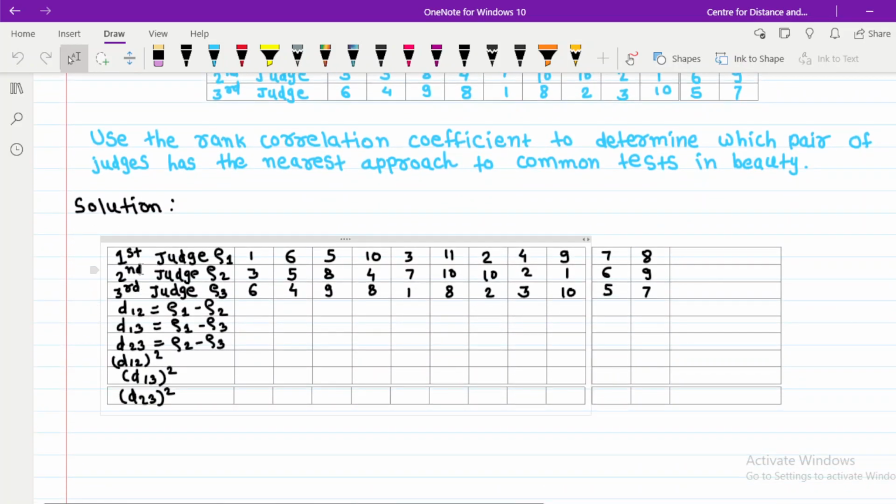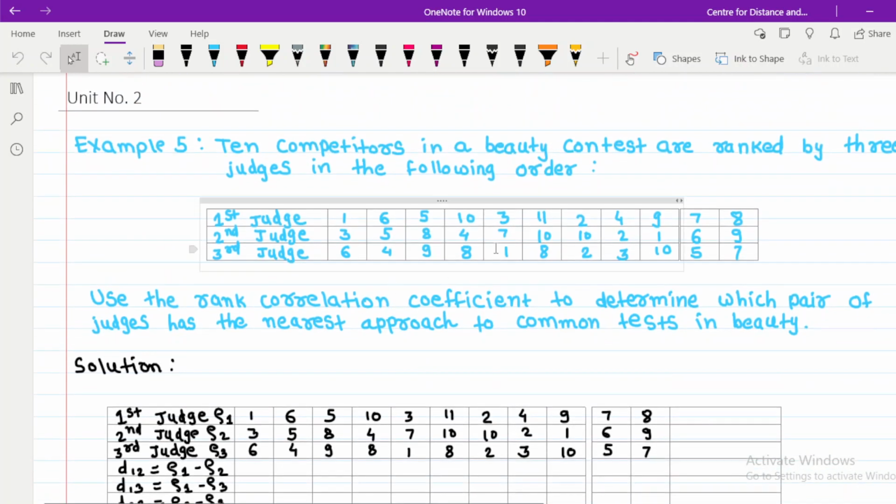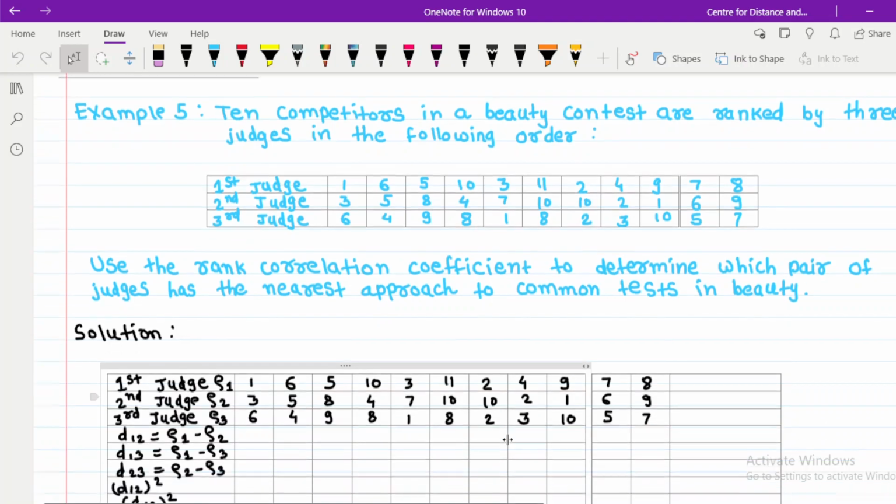For the solution, first I write the given data, that is first judge denoted by row 1, second judge row 2, third judge row 3. Their respective ranks are 1, 3, 6, 6, 5, 4 up to 8, 9, 7.